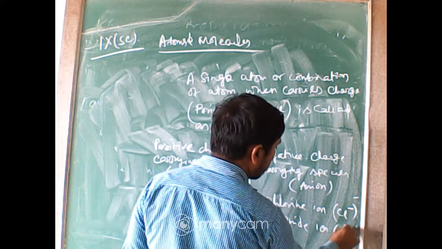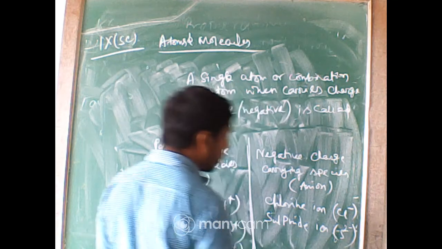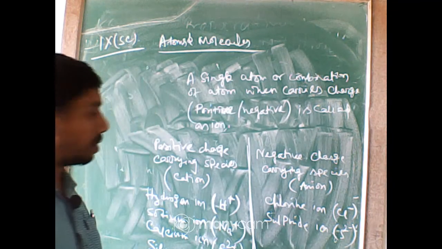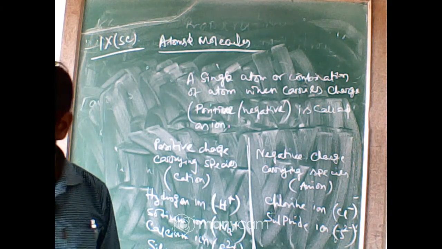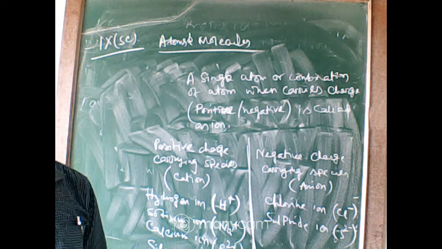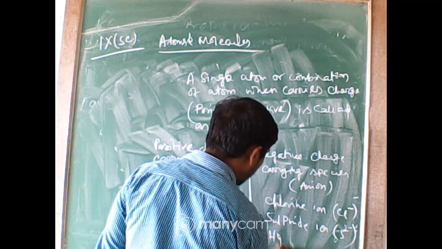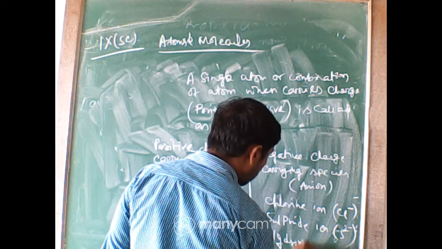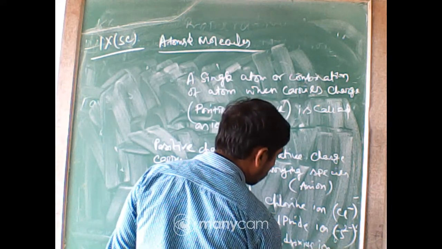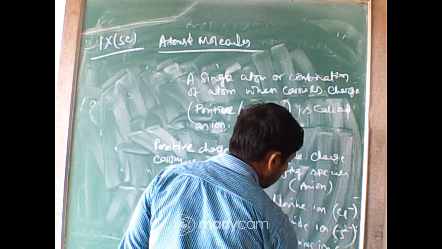S with a superscript, it is 2 minus. Another one you will write, hydroxide ion, OH minus.